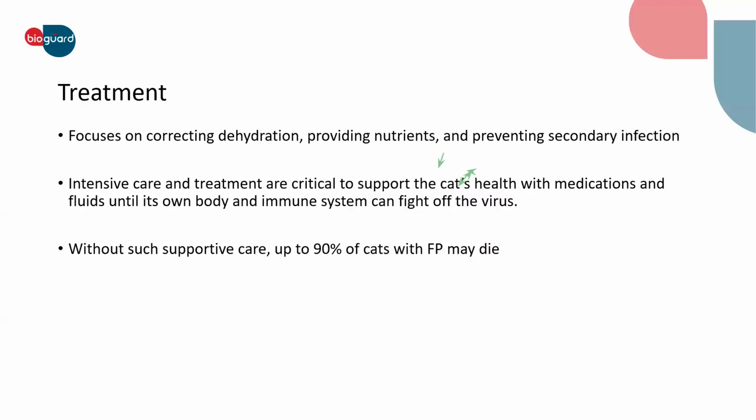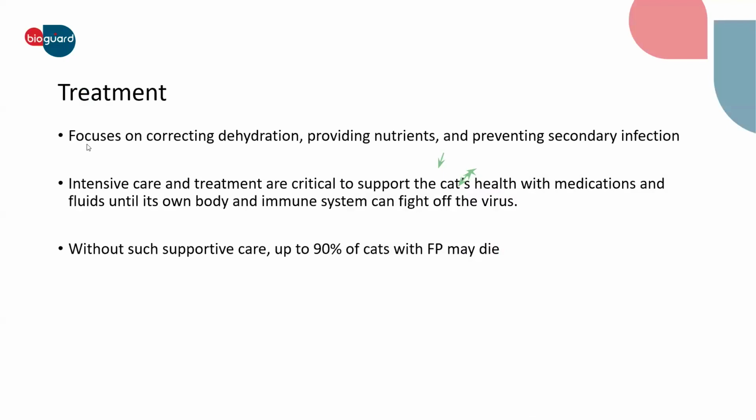For the treatment, we won't focus too much on it because I believe all of you are experts and more familiar with how to treat FPV or CPV infection than I am. We just go through it.